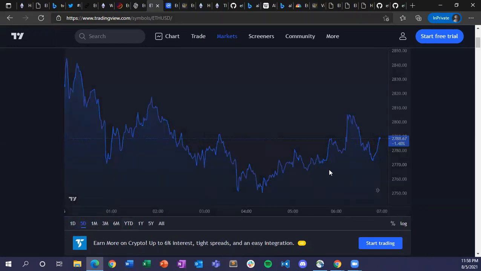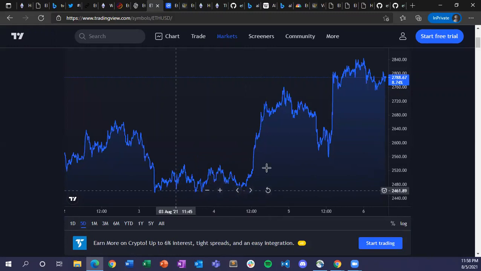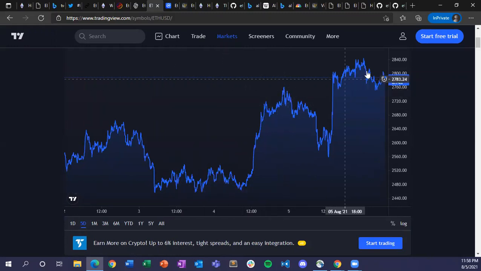Go to the 5-day, and we can see that initial spike leading up to this upgrade. It went from as low as around 2,450, then dipped right here to about 2,560, 2,570. Now all the way back up to 2,700.